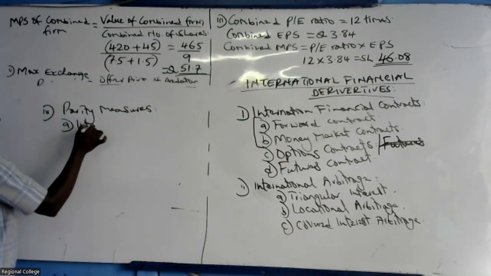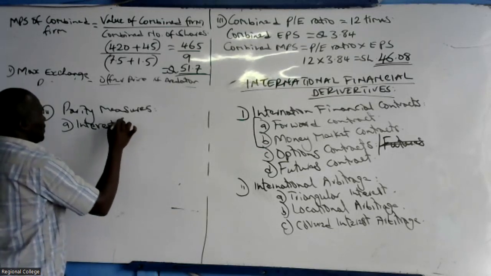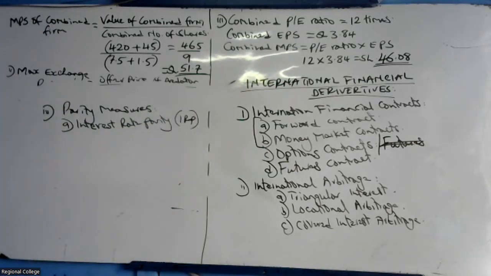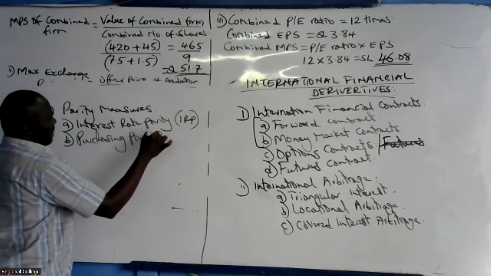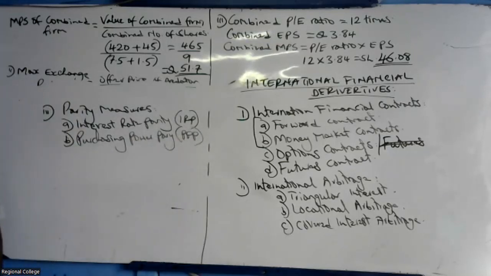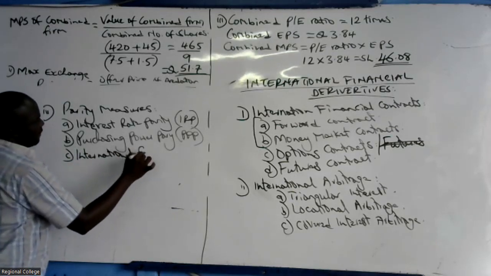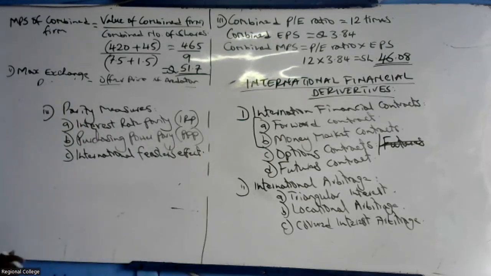Parity measures have interest rate parity, purchasing power parity, and then we have the international Fisher effect.